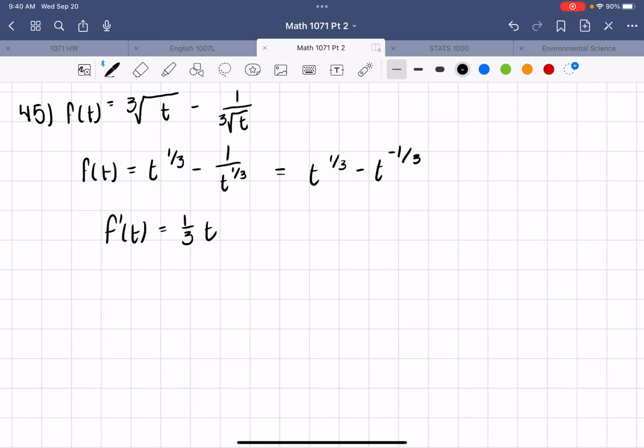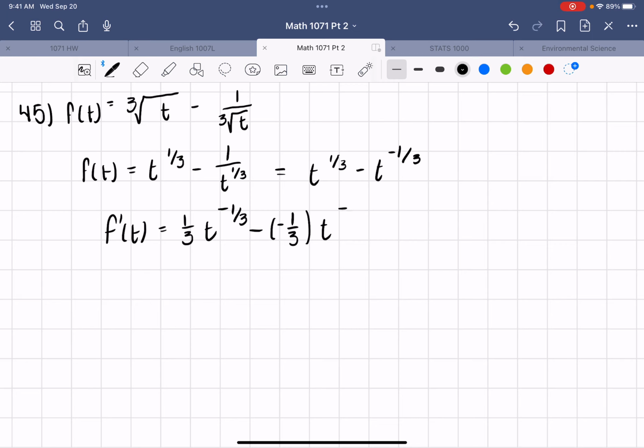Remember our pattern. Power form says the derivative of x to the n is n x to the n minus 1. We're simply taking our given problem and putting it in power form so that we can now take the derivative. See, the problem is people stop there. They think they're done. No, you haven't found the derivative. You only put it in power form. Now we do the derivative.